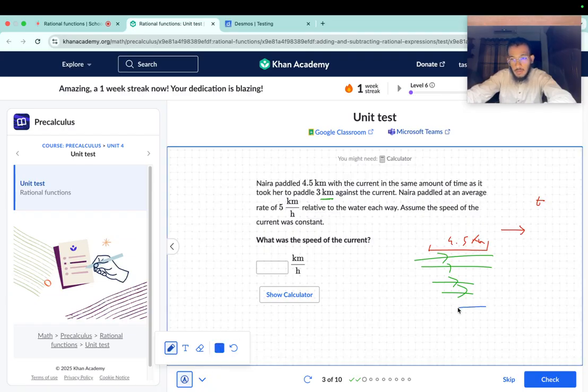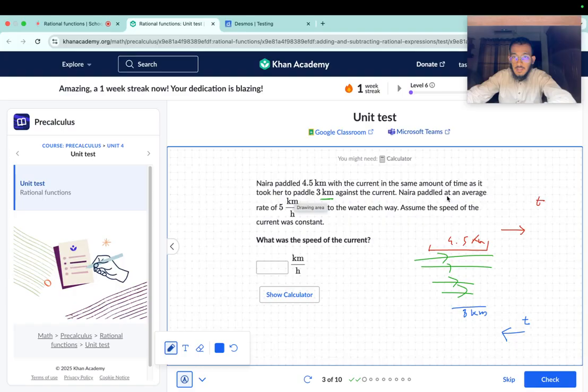In the same amount of time, when she went against the current, she was only able to paddle 3 kilometers.